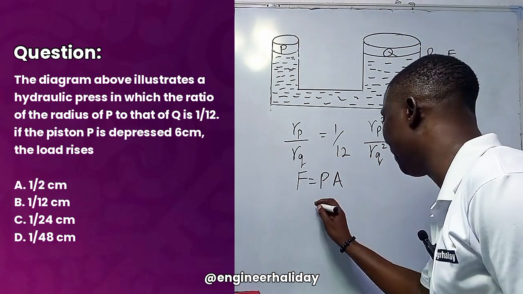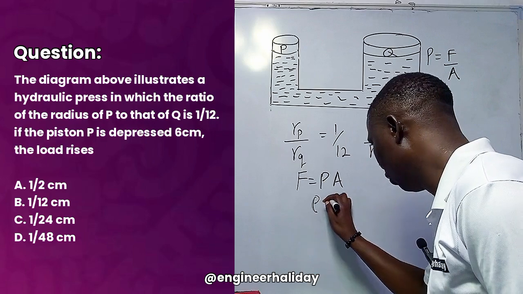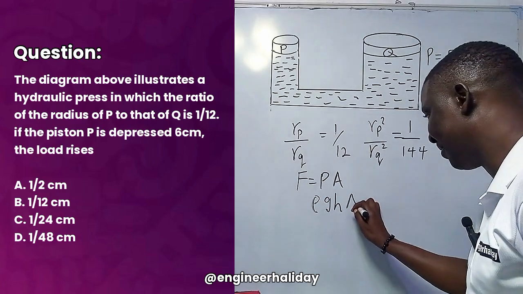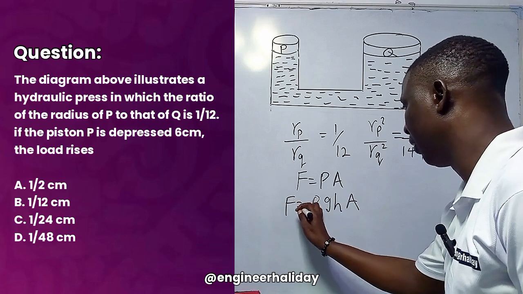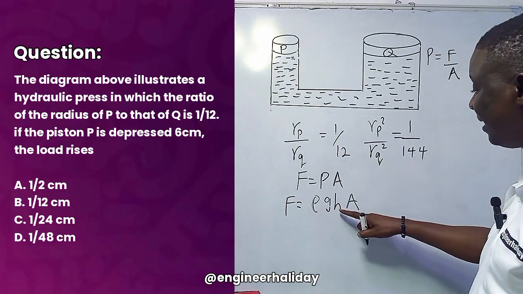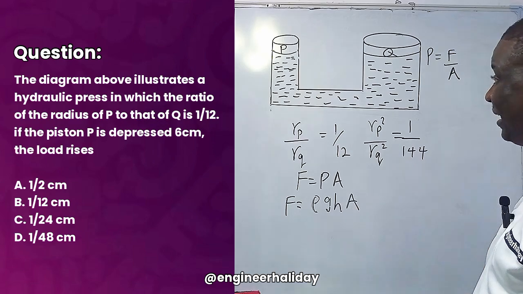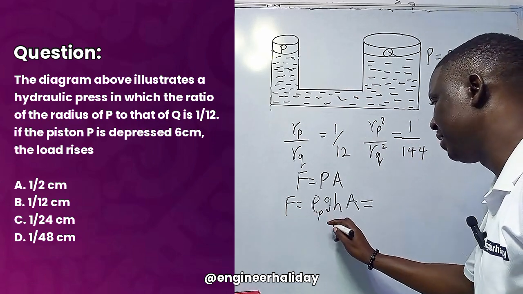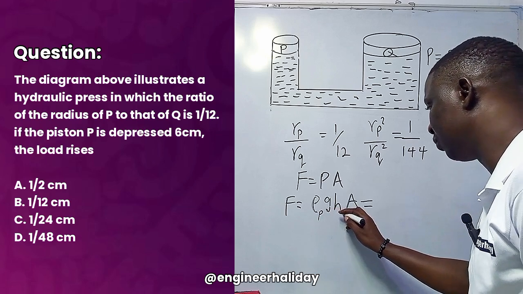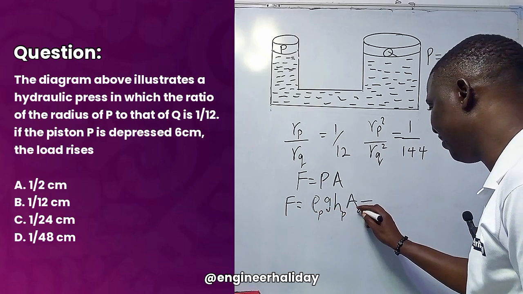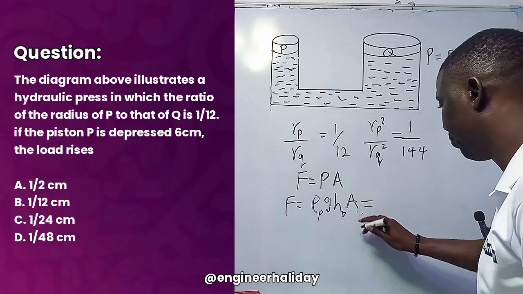So that means the pressure equals rho g h, times A equals force. The liquid density, gravity, and h, along with the area on both sides, will be equal. So let's call this one P, and this is the area for P.